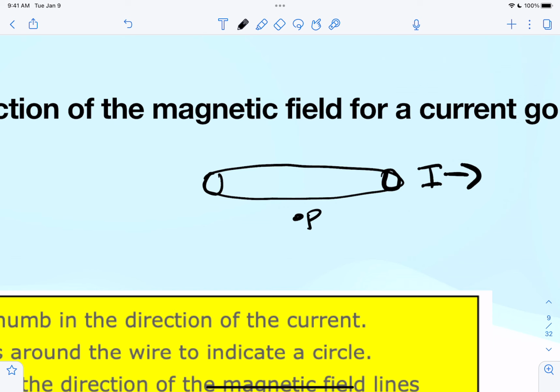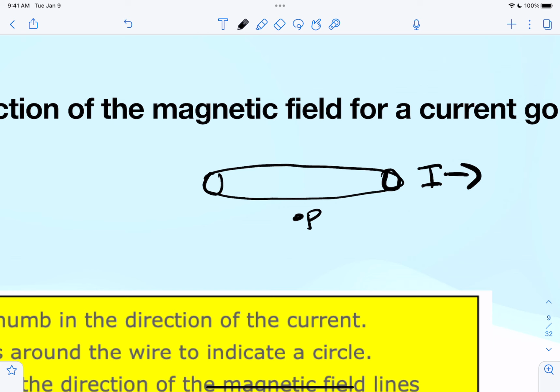Basically point your thumb to the right and pretend to wrap your fingers around that wire. Into, excellent. So it's into the page at this point. How about here? If I said point C, is it coming out now? Out, exactly right. So into the page at the bottom, out of the page at the top, right?